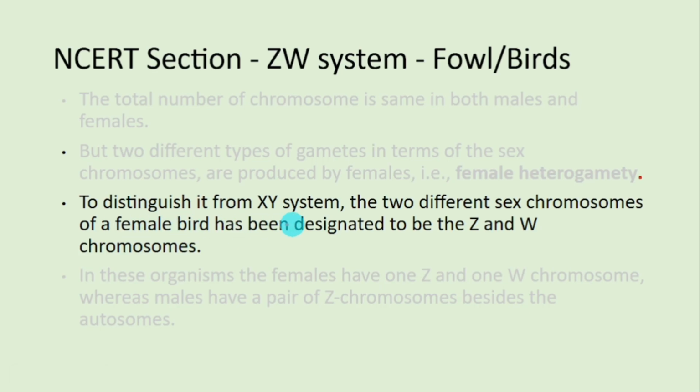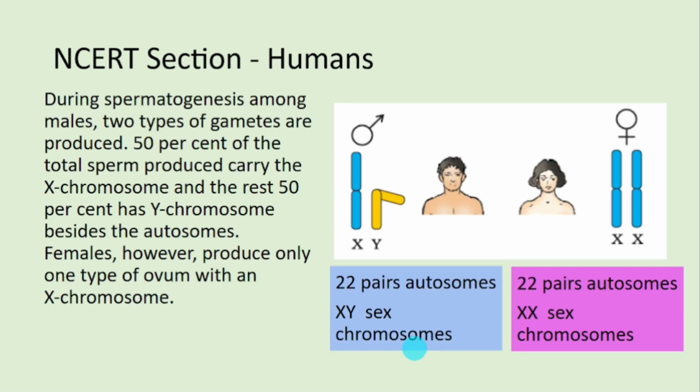To distinguish it from the XY system, the two different sex chromosomes of the female bird have been designated Z and W chromosomes. Now the next section in NCERT talks about the probability of the progeny being male or female.